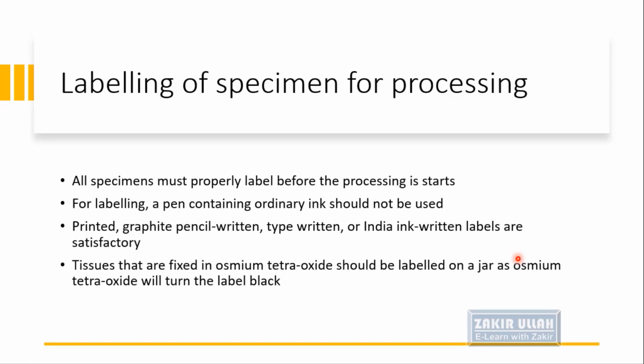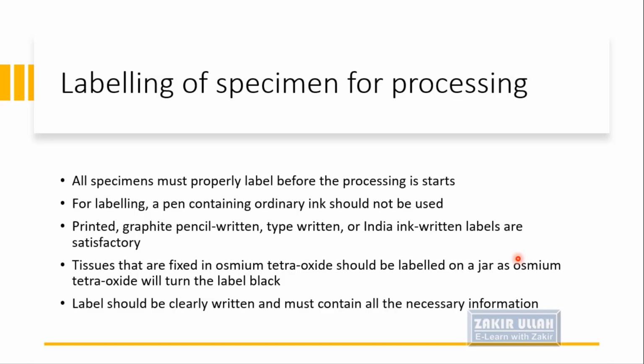Tissues that are fixed with osmium tetroxide should be labeled on the jar, because mostly the labels turn black with osmium tetroxide, so they are labeled above the jar.